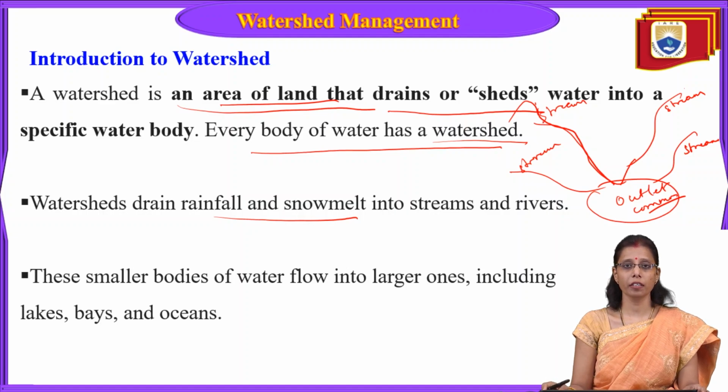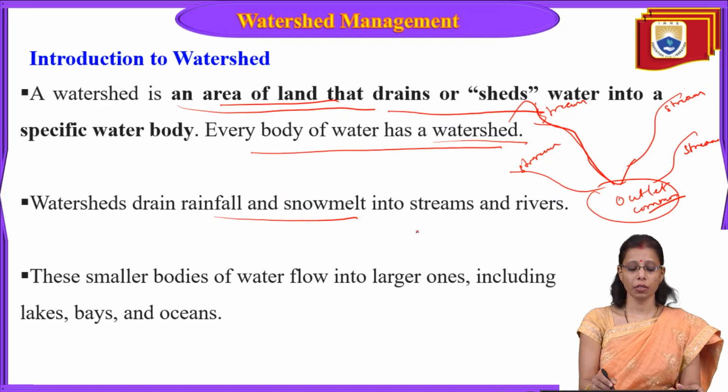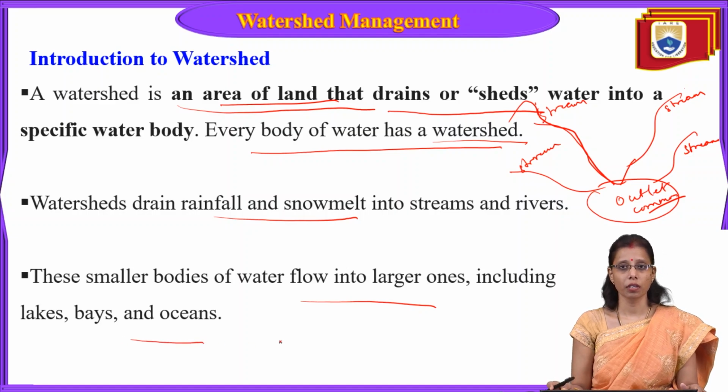Due to global warming, melting of ice takes place, the melted water goes to the water body and flows as rivers or lakes. Streams and rivers are smaller bodies of water that flow into larger ones, including lakes, bays, and the oceans.